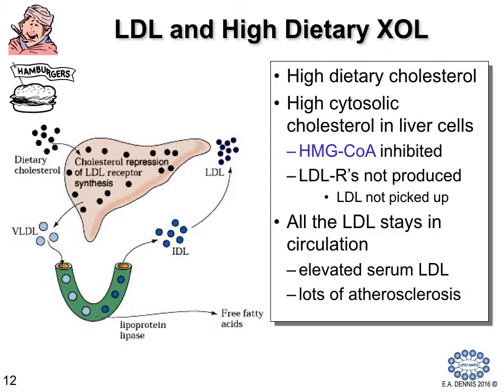So the surface does not contain the LDL receptors. One is making a lot of VLDL, and the LDL accumulates in circulation. So the resultant is an elevated serum LDL and lots of atherosclerosis, even though there's no genetic defect.